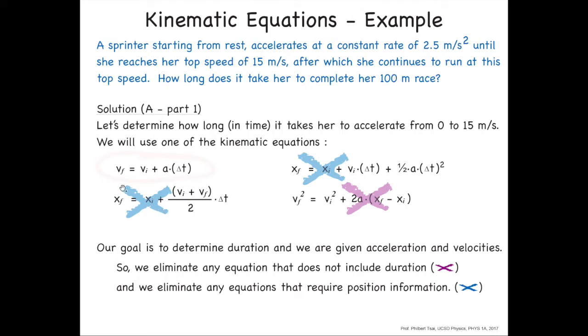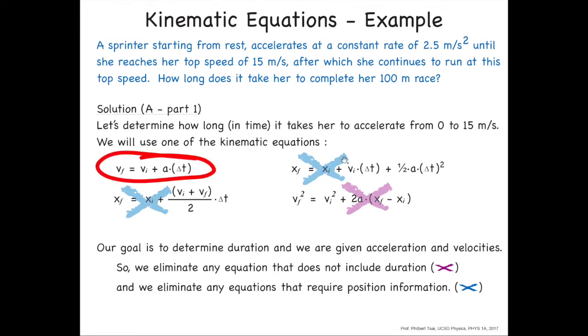So for now, we're going to tentatively eliminate these. Maybe it will turn out that the other equation doesn't work for us either, and we'd have to come back and somehow turn it into a two-step problem where we have to find the final position. But for now, since we have another option, let's pseudo-eliminate these two.